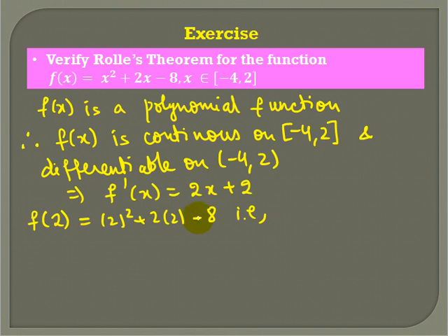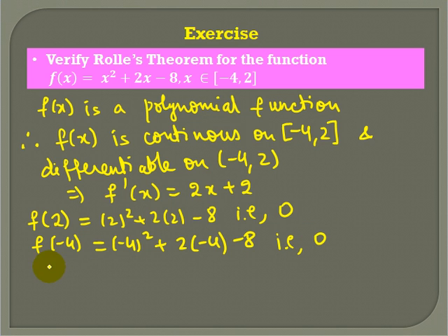This is 4 plus 4, 8 minus 8, which is 0. In the same manner, value of the function at -4. So square of -4 plus 2 times -4 and minus 8. So this reduces to 16 minus 8 minus 8. So that makes it 16 minus 16, which is again 0.